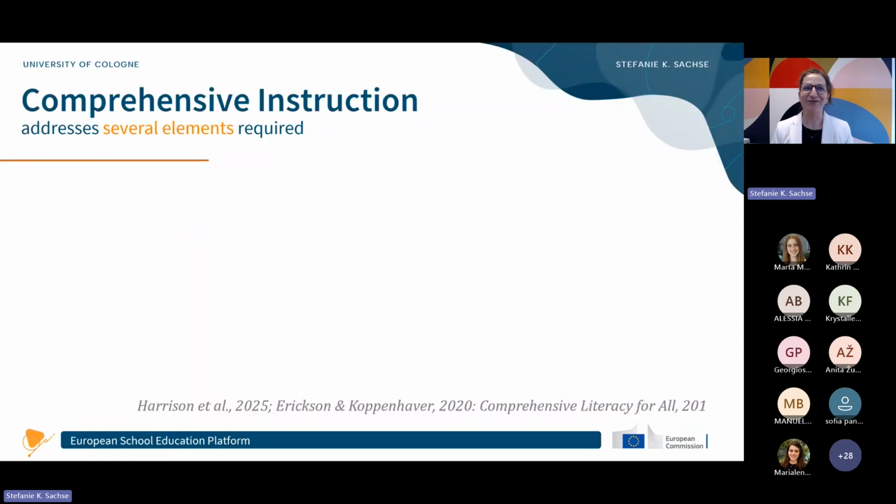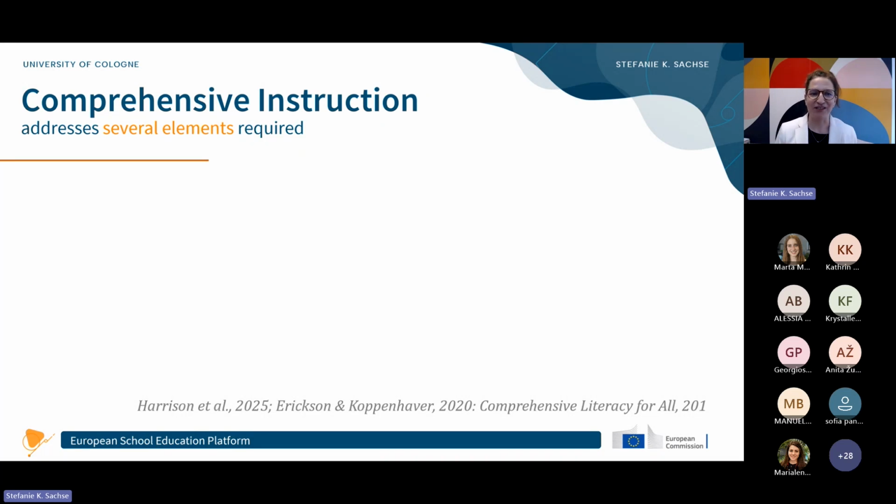I said I start off talking about comprehensive instruction. Comprehensive instruction means that when we talk about literacy instruction, we focus on several elements. It's important to focus on several elements, parts of reading and writing, each and every day. There are different recommendations for what the elements can be, and you might know yours in your school, in your country.